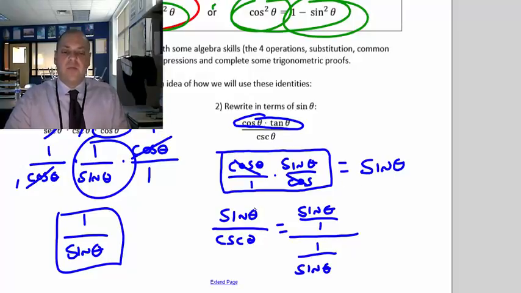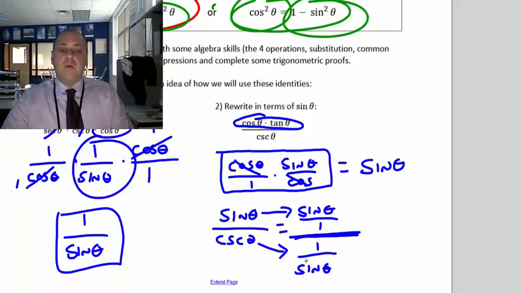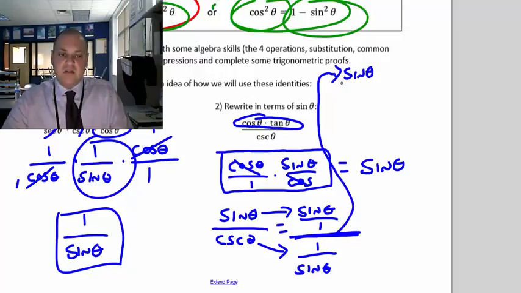Now, where did I get that from? Well, the sine is just that, and the cosecant is just that. Okay, so I have sine over 1 divided by 1 over sine. And we learned how to divide fractions earlier in the year, right? I'm going to go up here because I'm out of room. We just do sine, and we keep change flip.